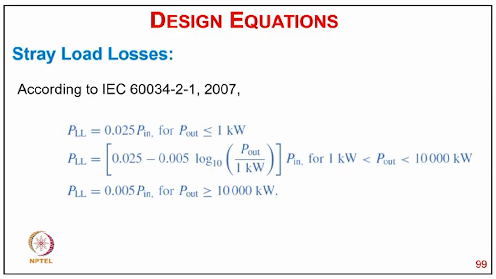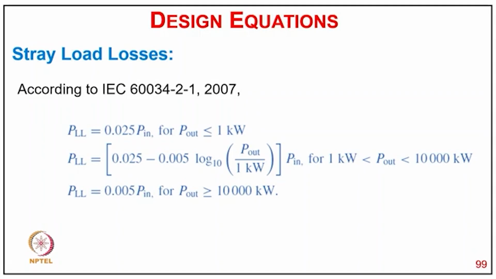So now, according to IEC 60034-2-1 of 2007, PLL equal to 0.025 Pn where Pout is less than 1 kilowatt, and PLL equal to in bracket 0.025 minus 0.005 logarithmic 10 Pout upon 1 kilowatt, for power output greater than 1 kilowatt and less than 10 megawatt, and PLL equal to 0.005 Pin for power output more than 10 megawatt.